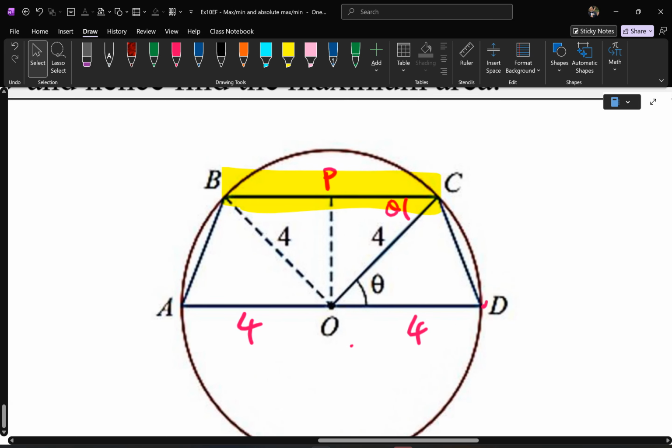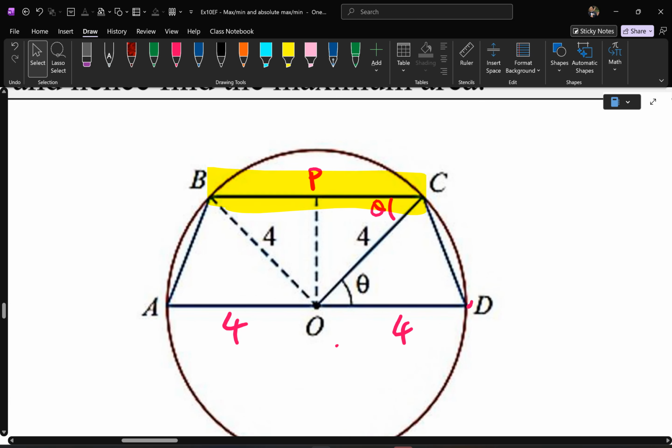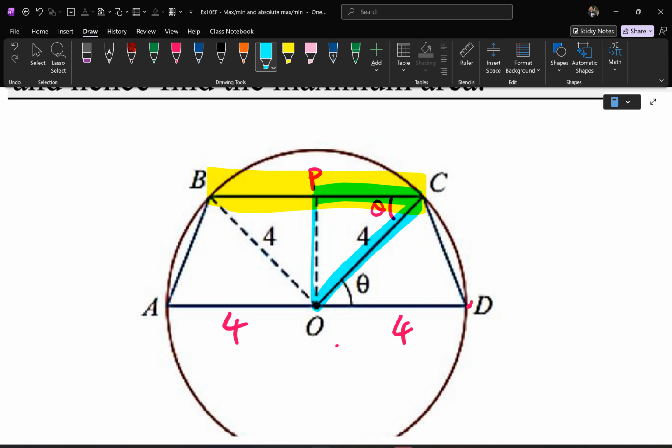The hint was to see if you can find the right angled triangle, which looks like this. That right angled triangle, you can then write in terms of theta, because you know that the radius is 4. So this is 4. That is 4 as well.